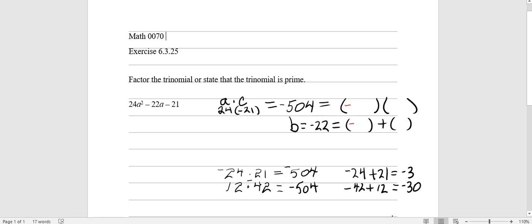All right, so I notice that I have a 42 and a 12. So I can think of factors of 42, and any factor of 42 is going to be a factor of 504.